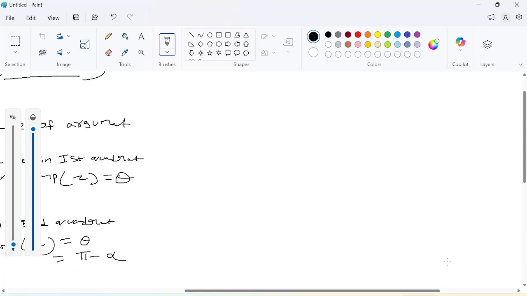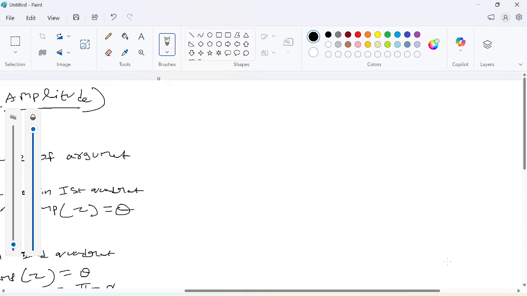Find the amplitude of (1 plus root 3 i) by (root 3 plus i).